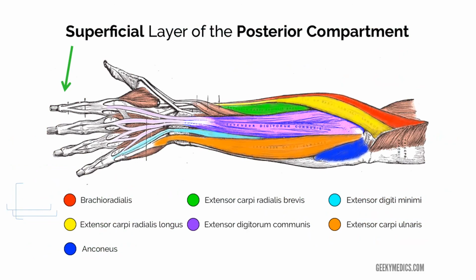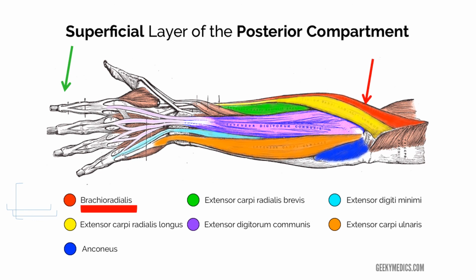We're going to have a summary and quick look at the posterior compartment of the forearm. The posterior compartment of the forearm is mainly extensors and abductors. So let's start. Where do we start? We start at a muscle that is marked red here, and it is the brachioradialis.